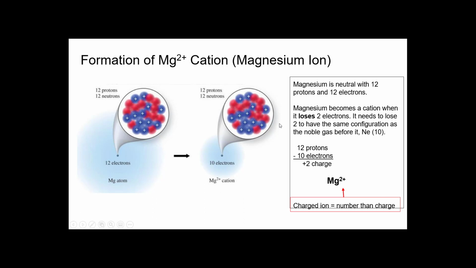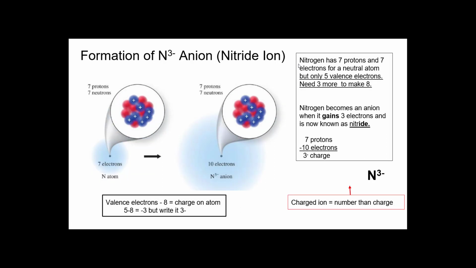There's an imbalance there, meaning that there are more positively charged subatomic particles than electrons. So that's where the positive charge comes from. When you write this out, you write magnesium, the number, and then the charge. And when you do naming, magnesium doesn't change. When it comes to the first element, you keep it the same.